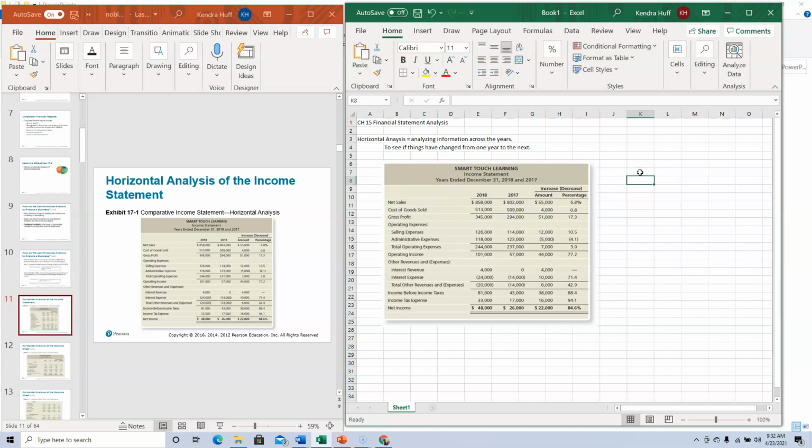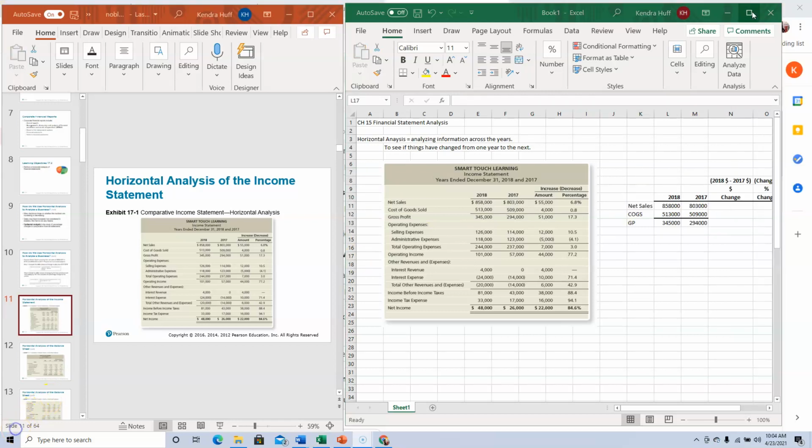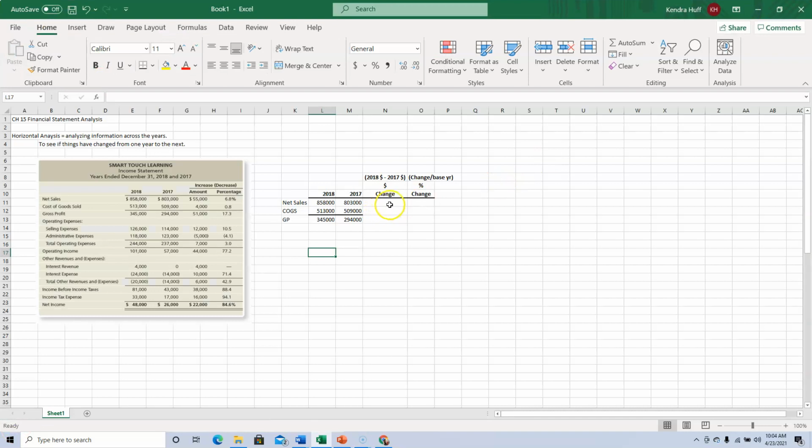So I'm just going to copy the numbers over here and then show you the formulas. The first thing you do is subtract the 2017 amount from the 2018 amount, so the current year minus last year, and you find the dollar change.